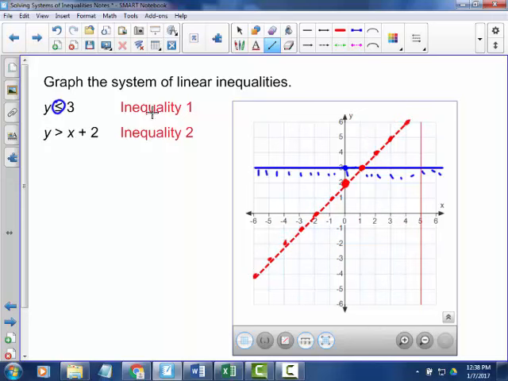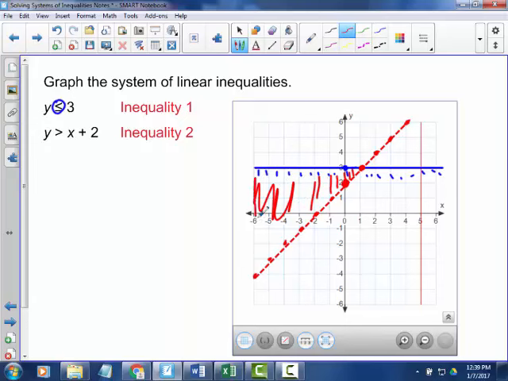All right, and it's greater than, so we're going to be shading above this line. Okay, but I know it's not going to be over here that I'm actually going to need the shading, because I already know that I'm going to be shading down from that blue line. So above the red line, but below the blue, is just in this area here. Okay. All right. So that's our graph.